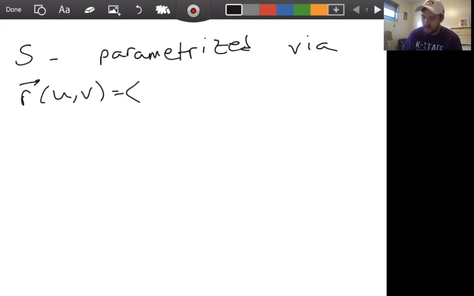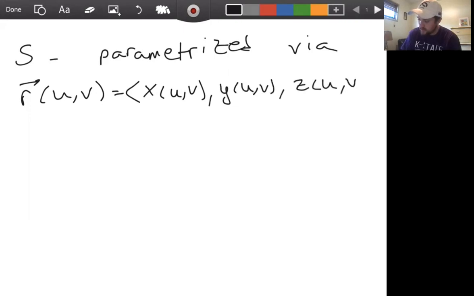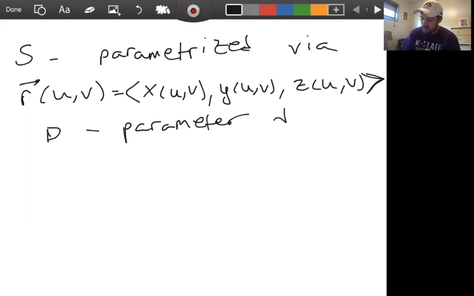It's a vector valued function in two variables given by the vectors x of uv, y of uv, z of uv, right? And then D we'll call the parameter domain. Remember, this is possible u and v values that we can plug in to our parameterization of the surface.